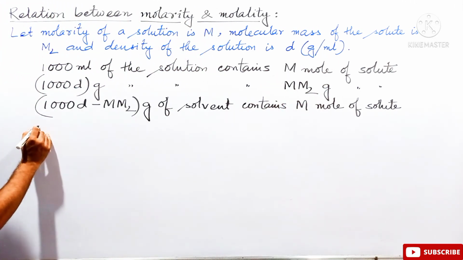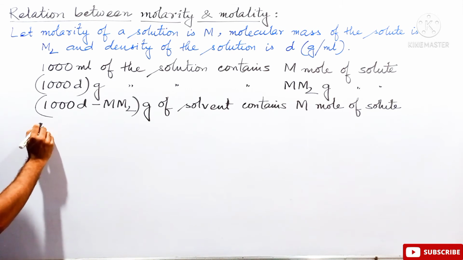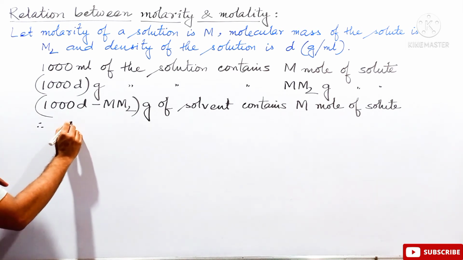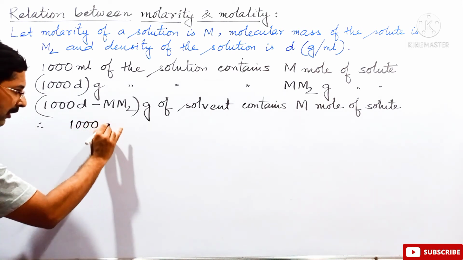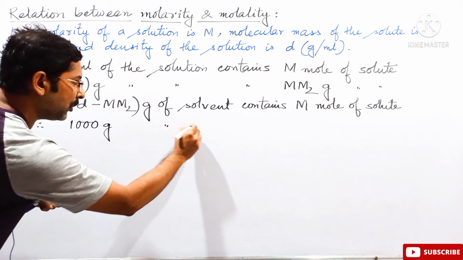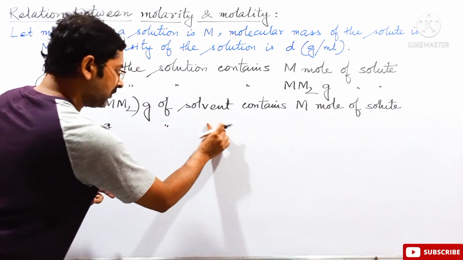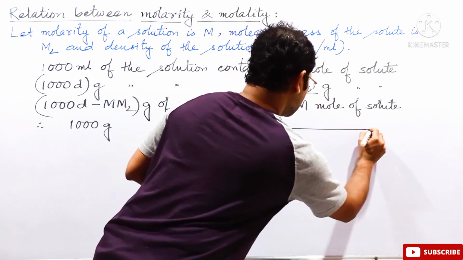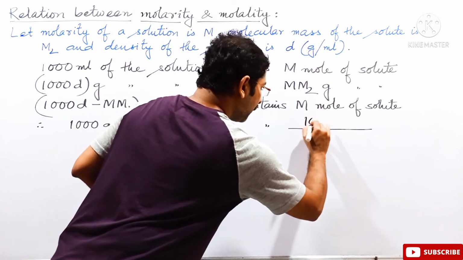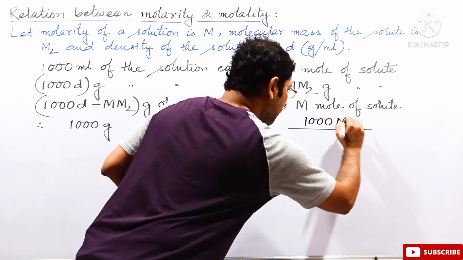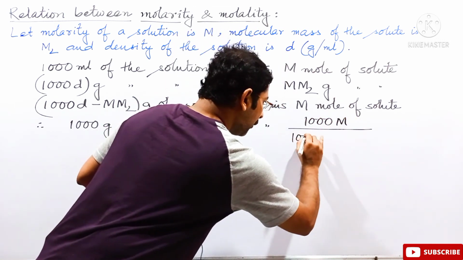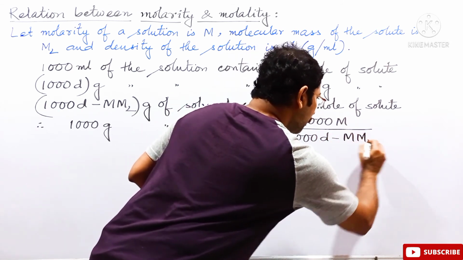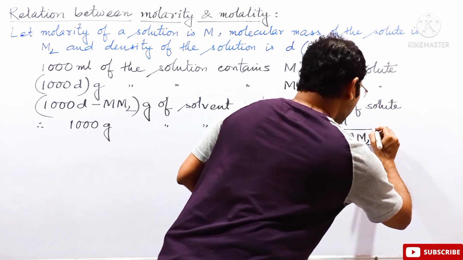Now we have to calculate how much solute 1000 gram of solvent contains. This is 1000 into M divided by 1000 D minus M into M2.